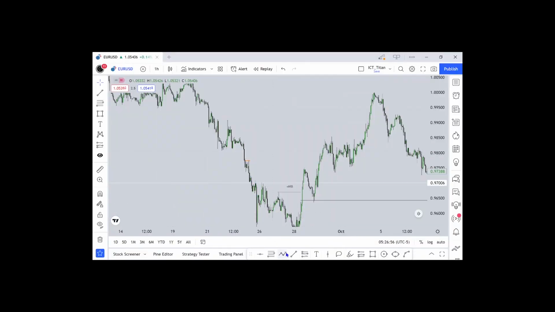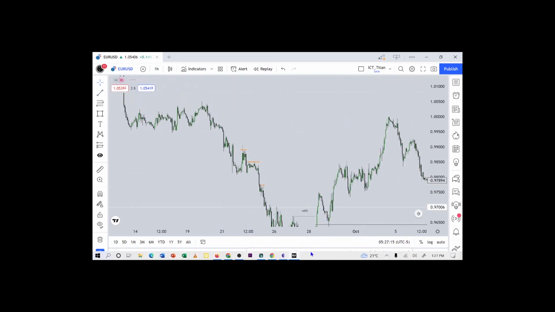Liquidity. Particular area. What rests here is buy side liquidity. This particular point, buy side liquidity.